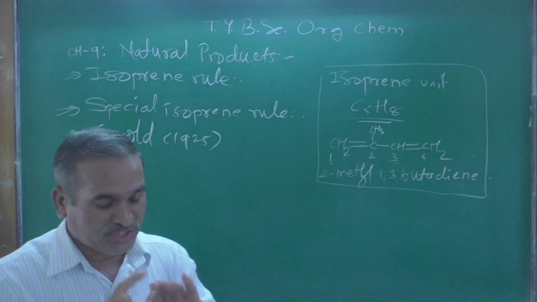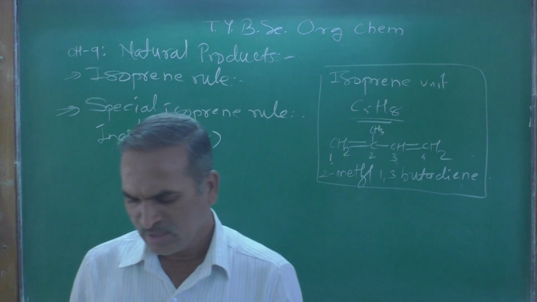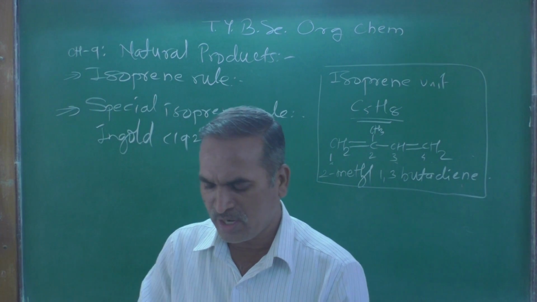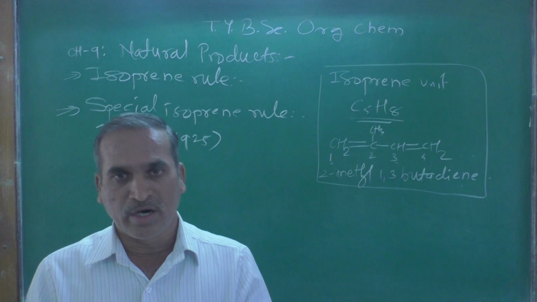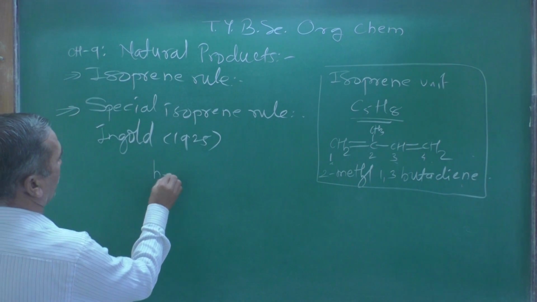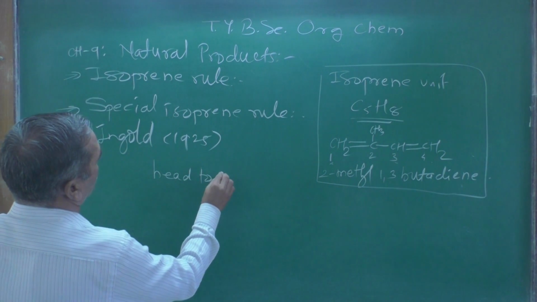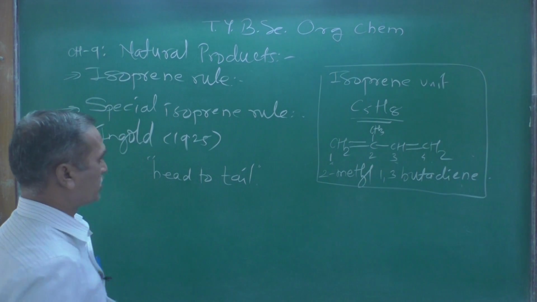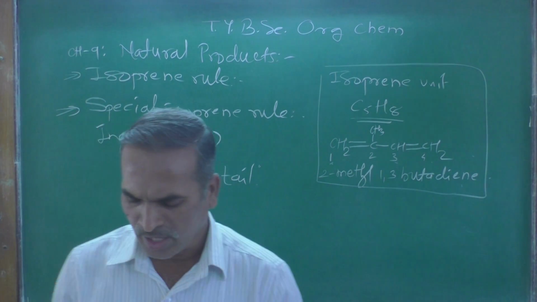Ingold in 1925 pointed out that isoprene units in naturally occurring terpenoids were joined head to tail. This word is very important: head to tail.